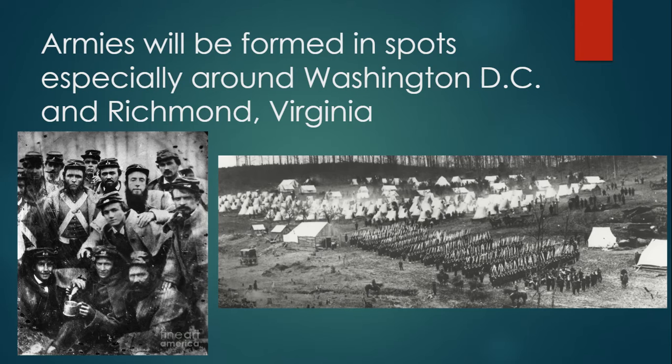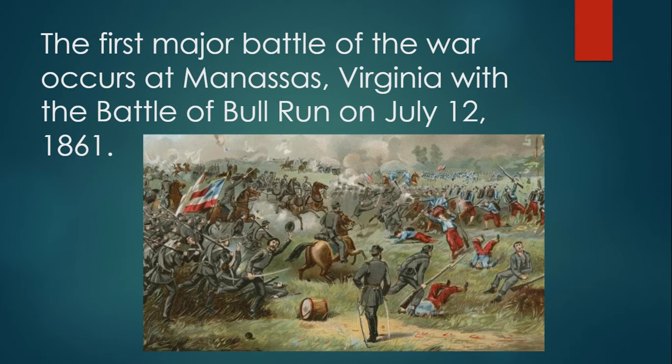After several months of sitting around from April till July, Abraham Lincoln finally orders his general, a man named McDowell, to move his army, despite McDowell's admonishments that they weren't ready. But Lincoln ordered him to go anyway, and they went down and met at Manassas, Virginia, along the Bull Run Creek.